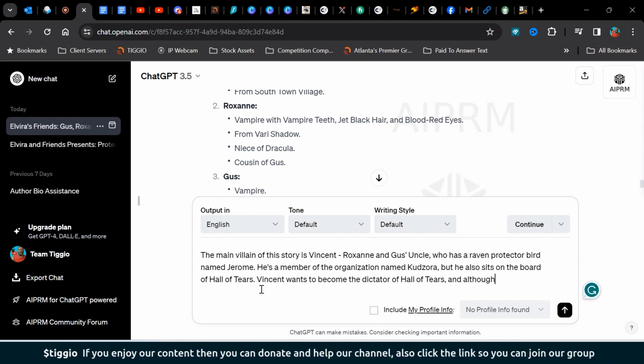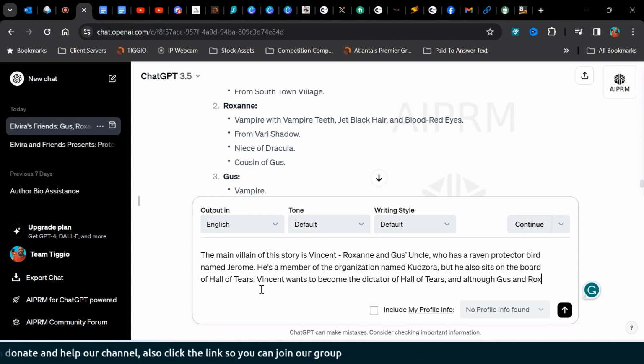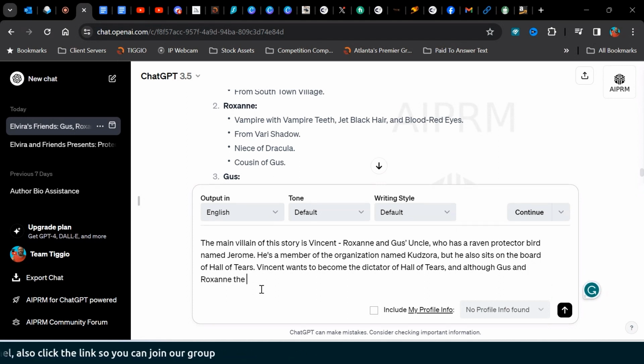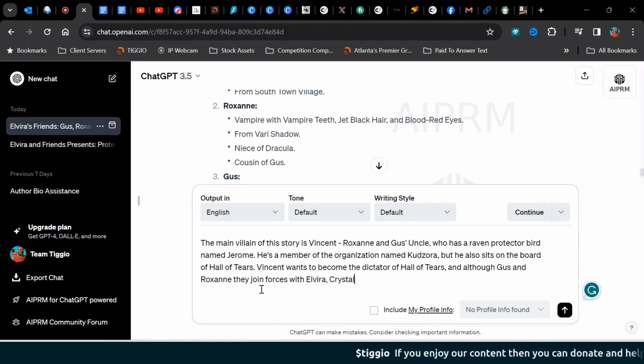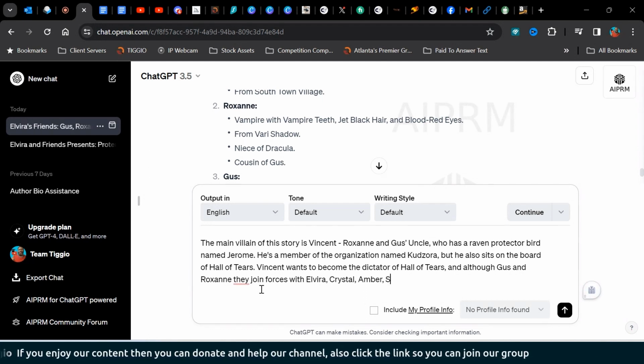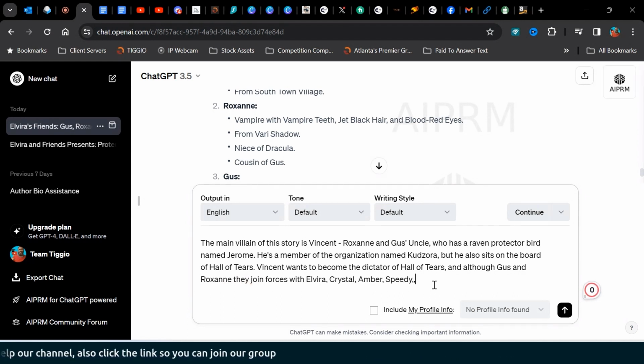And although Gus and Roxanne don't like each other, they must join forces with Elvira, Crystal, Amber, Speedy, hold up, and Frankie.